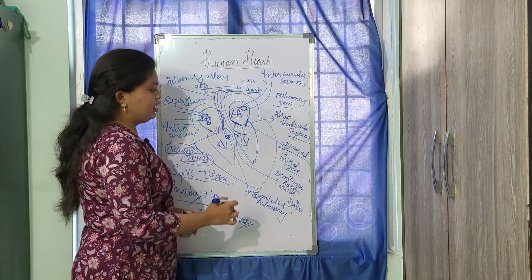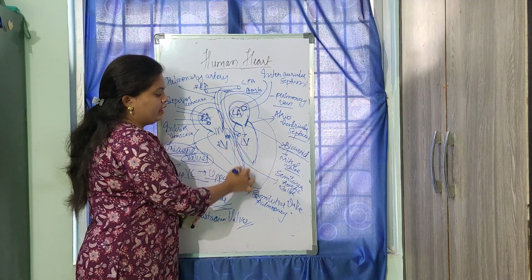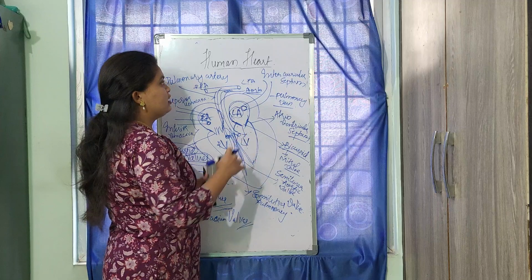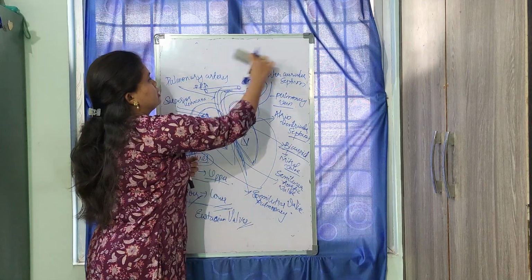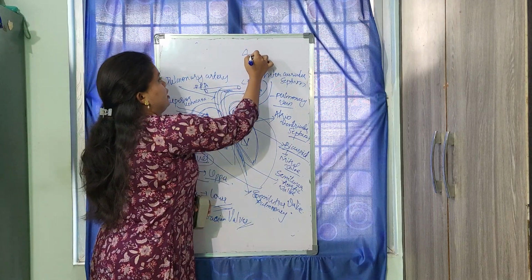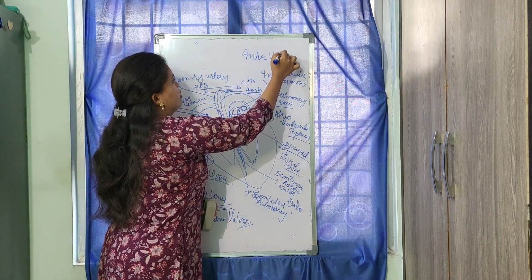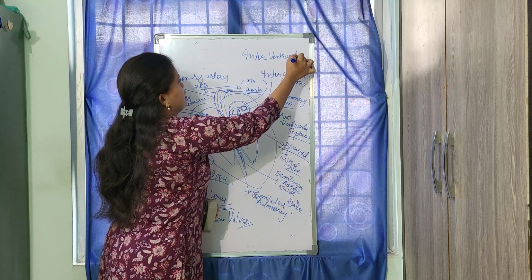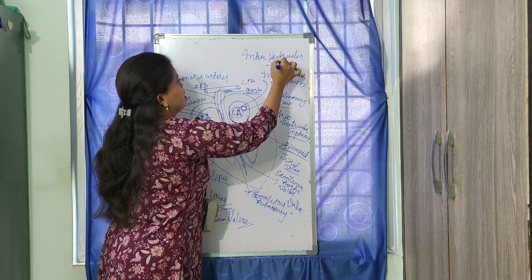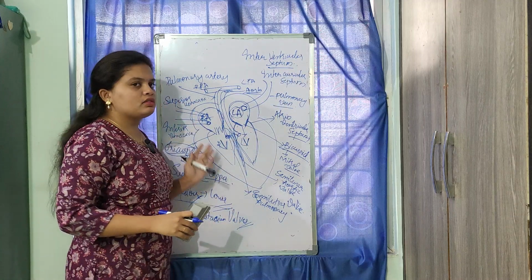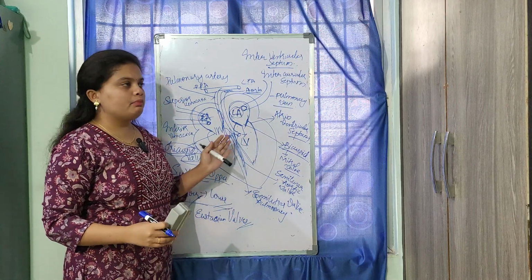And the ventricles are also separated by a septum, and that is called the interventricular septum. So this is the basic structure of the heart and its parts.